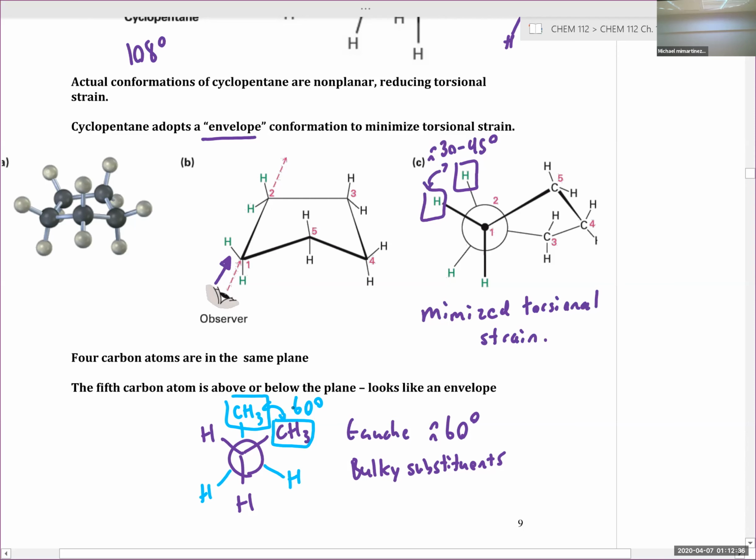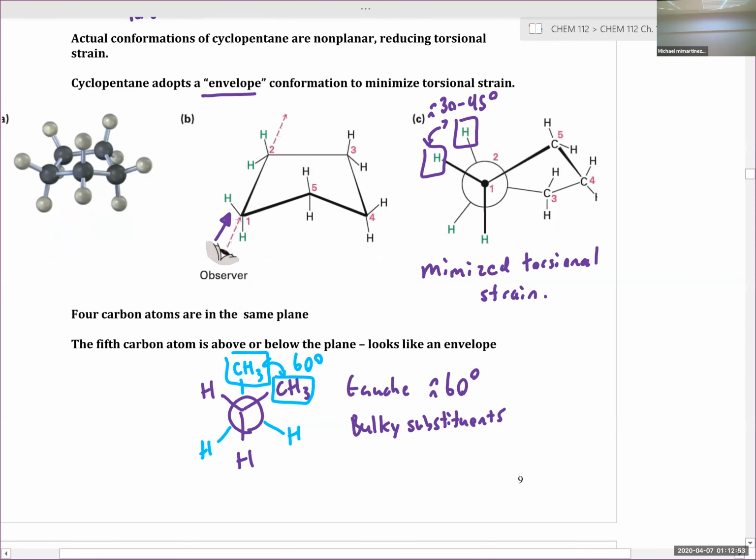They have a large amount of steric bulk, and as a result, these two substituents will repel each other, and we call this a gauche interaction. This becomes more pronounced when you start to look, instead of hydrogen, at a more substituted cyclopentane system.